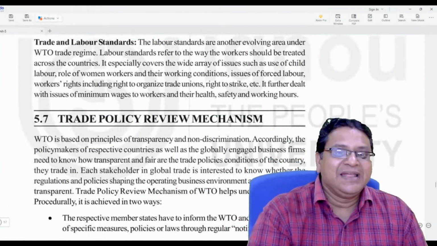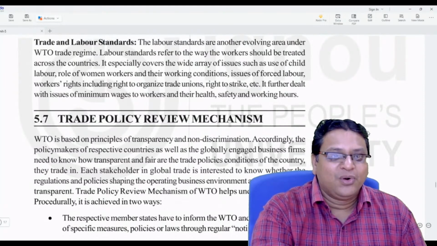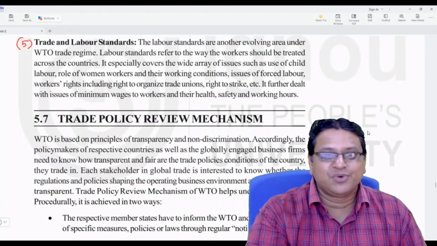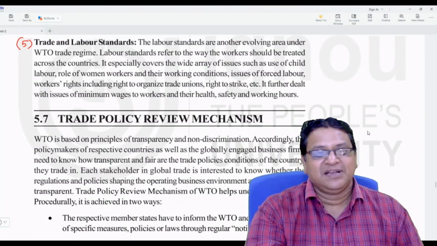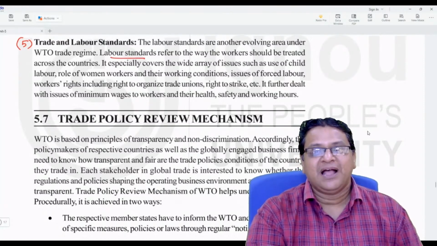Next one is labor standards. How will WTO frame rules and regulations for international labor standards? Labor standards are important.